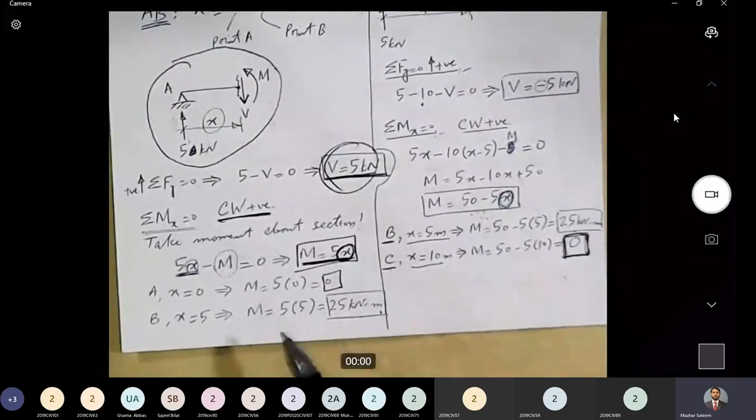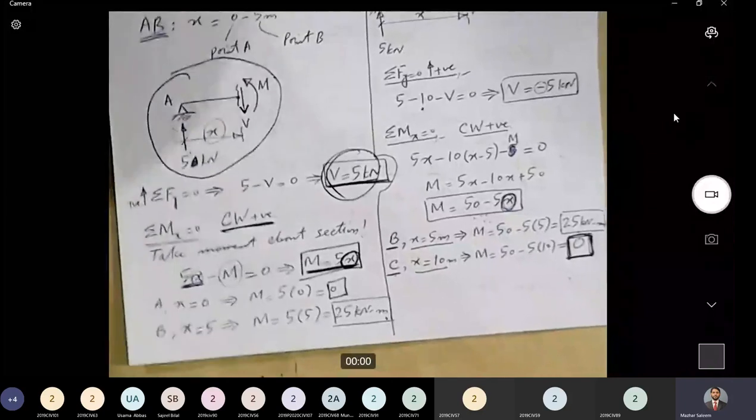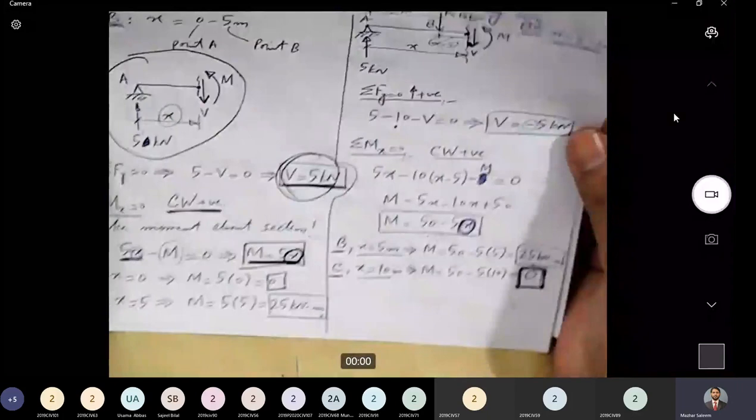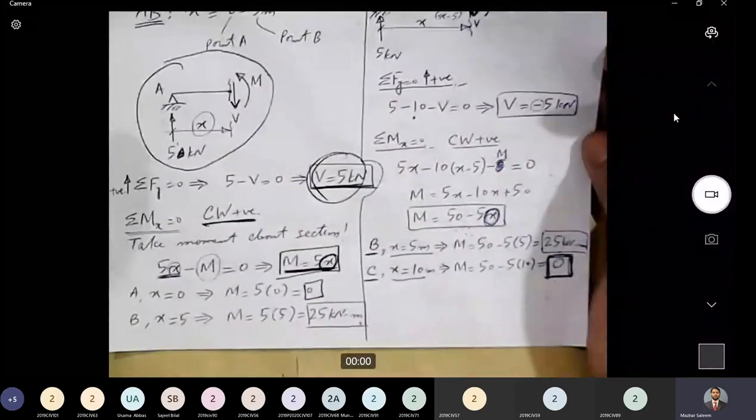In some cases, there will be a point moment at a given point, and for that point we will have two values of bending moment. We will see that situation later on. So this was a review of part of the problem that we solved in the last class.